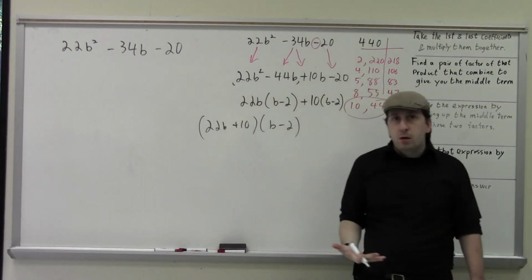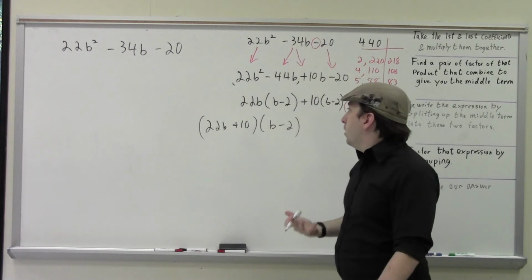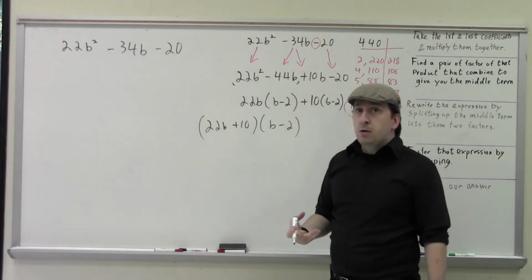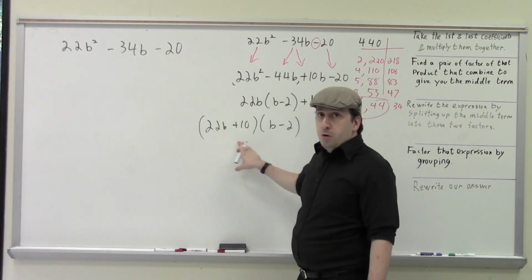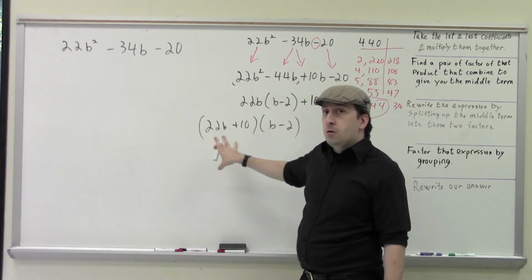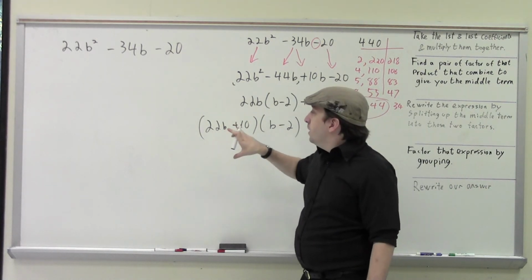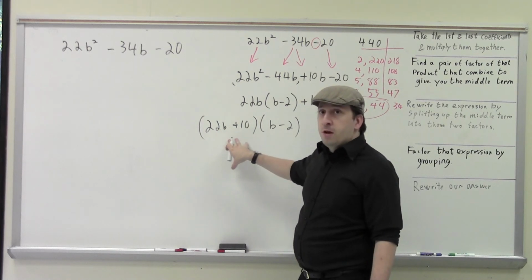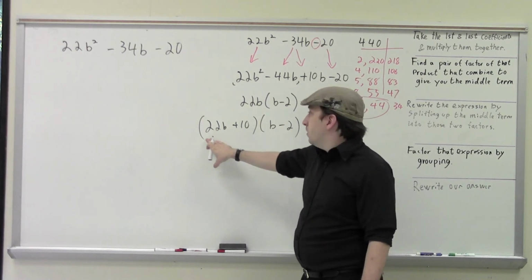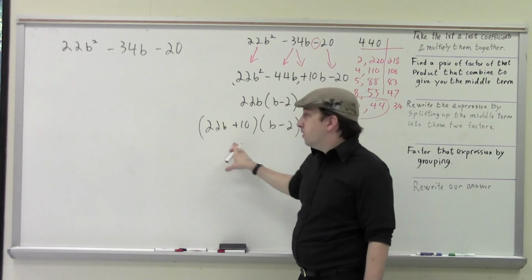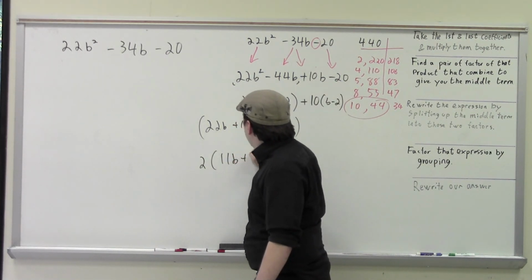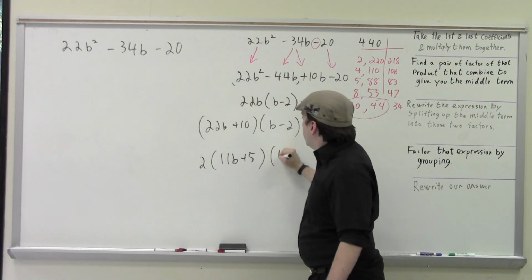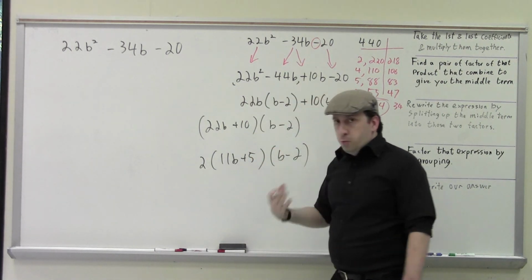Now, because we missed our greatest common factor at the beginning, when we look at this, we can see that it has a greatest common factor of 2. In order for us to get our answer right, we have to pull that greatest common factor out. So in this case, I'm going to factor out a 2 from this factor, and that's going to leave me with 2 times 11b plus 5 times b minus 2, which was our original answer.